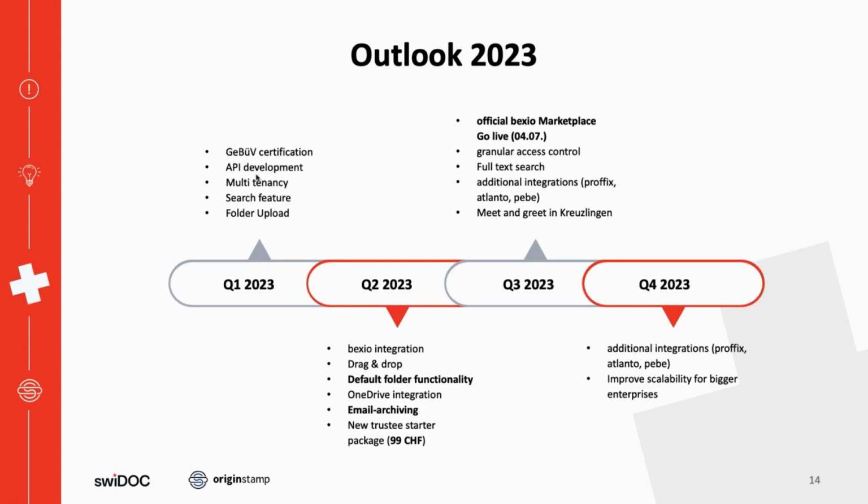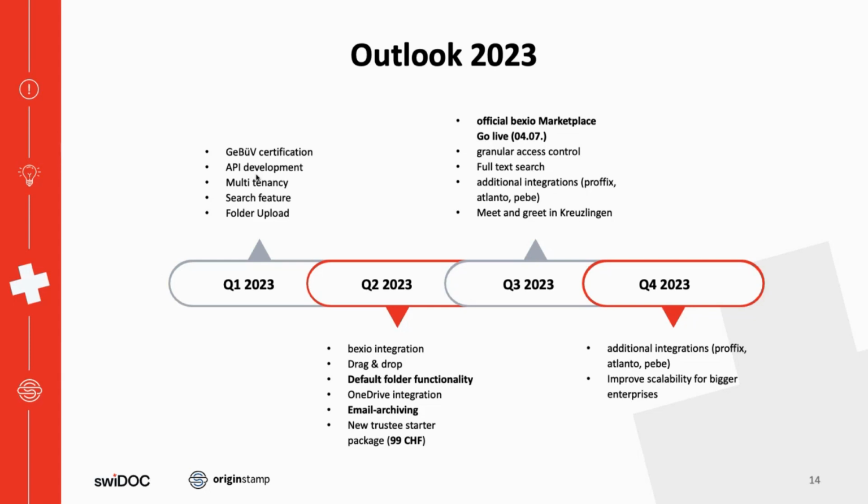Now what's to come in the third and fourth quarter this year? We will focus on the bexio marketplace release, which is officially on the 4th of July. We also want to further improve the functionalities to give granular folder permissions and a full text search feature.